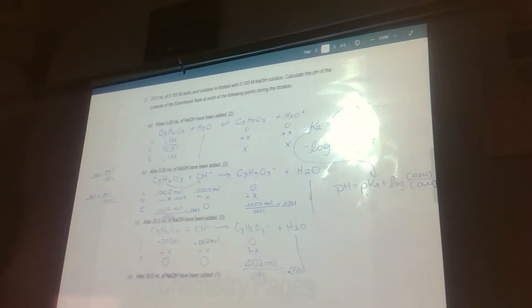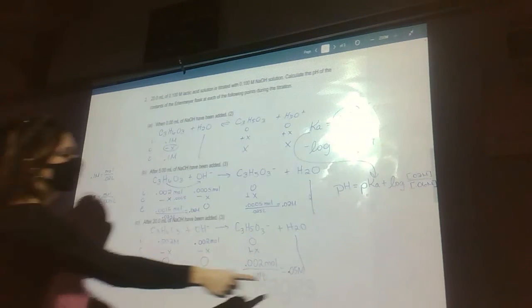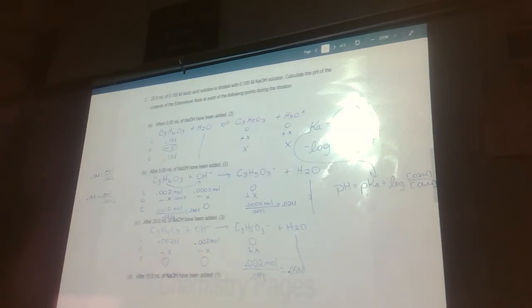Ice table. This is 0.05 molar. Again, X is so small that it doesn't matter. It's very small.